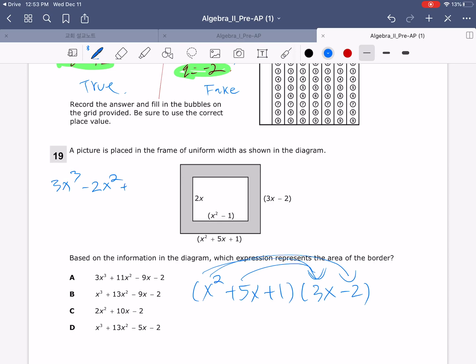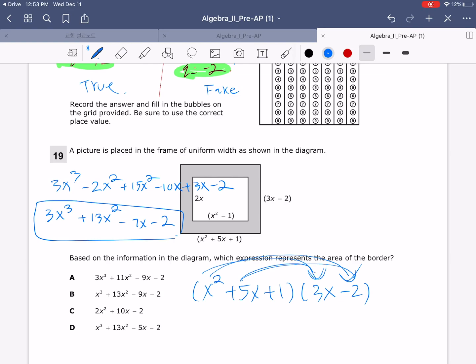Then negative 10x, plus 3x minus 2. And if you simplify this, it's going to be 3x cubed plus 13x squared minus 7x minus 2. That's the first one, okay?